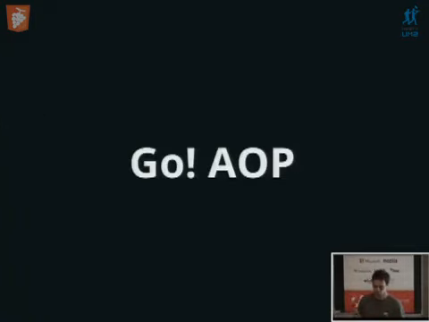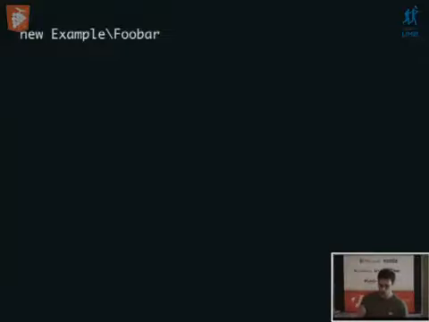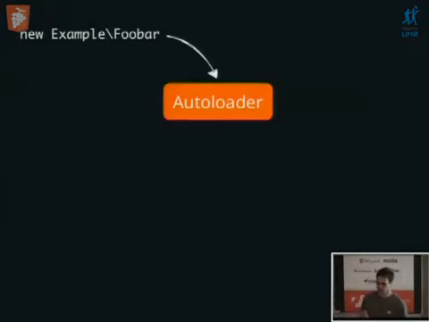Now the second solution is Go AOP, which is a PHP library, and it's userland, which works a bit differently. Actually, it jumps through quite a lot of hoops to get it done, but it's an interesting approach. Basically, when you instantiate a class, Go's autoloader comes into play and intercepts the instantiation of your class, and then it checks if any aspects should be applied to that class.